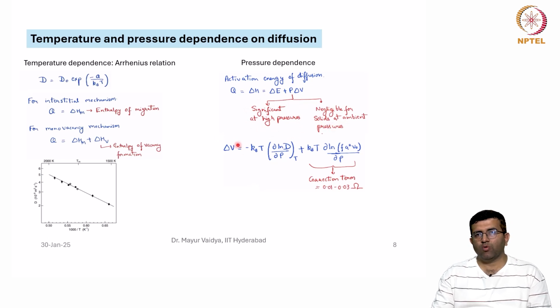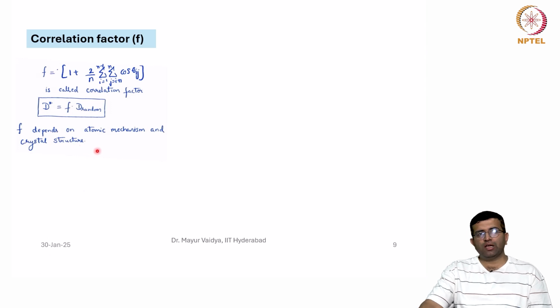This activation volume comprises two terms: minus kBT dou ln D by dou P at constant temperature, plus a correction term which comes because of the correlation factor. The correlation factor itself, which we called F, is equal to 1 plus 2 by n double summation cos theta ij, where D star, the tracer diffusivity, is equal to F times D random.